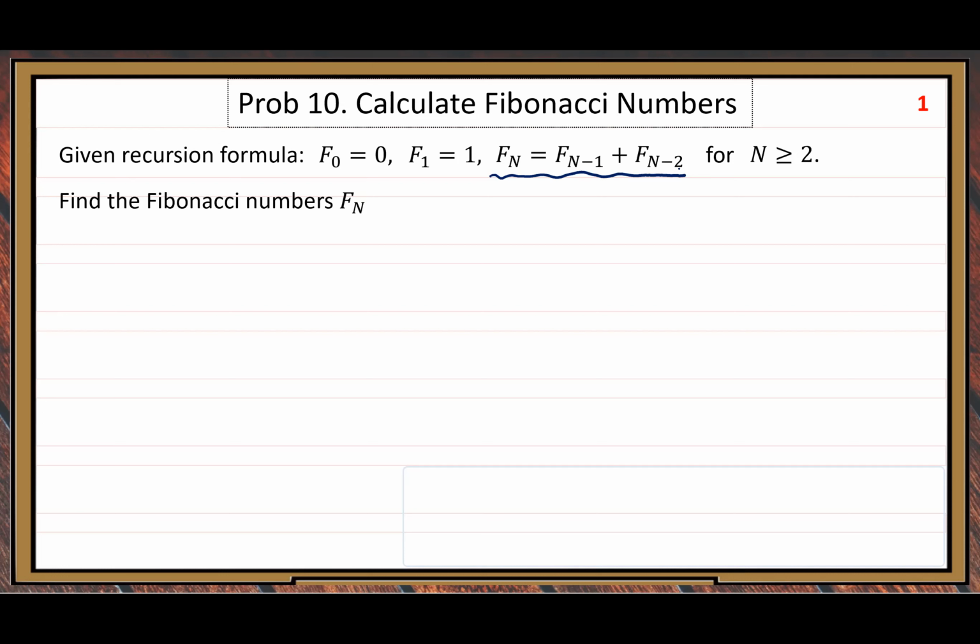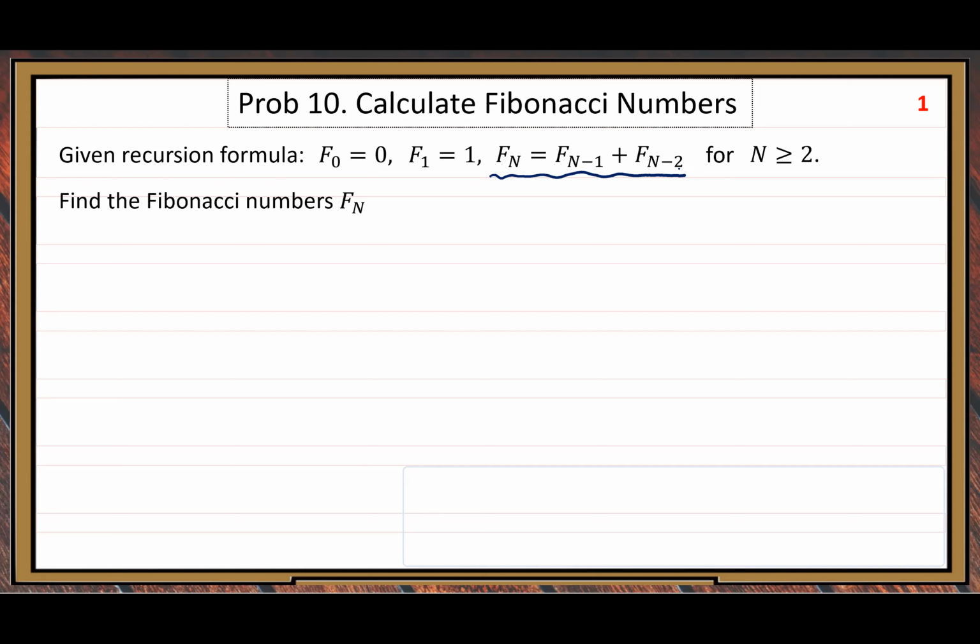Here, our problem, we need to find Fibonacci numbers F sub n efficiently. There are many ways we can find Fibonacci numbers, and we want to find some fast way, given n, given that capital N problem size, we need to find F sub n.